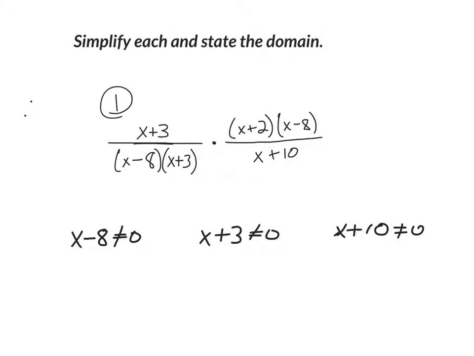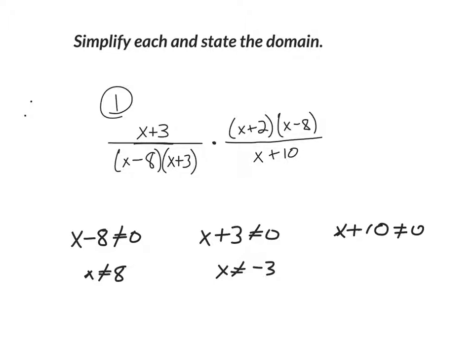Okay, so then I'm going to solve these just like we did before. Add 8, so x equals positive 8. Then I'm going to subtract 3, so x cannot be negative 3.